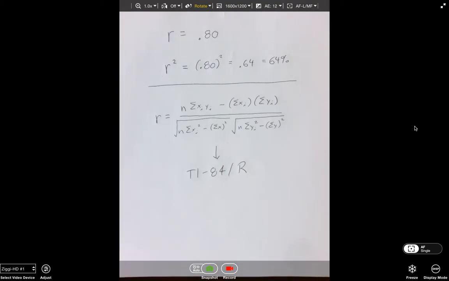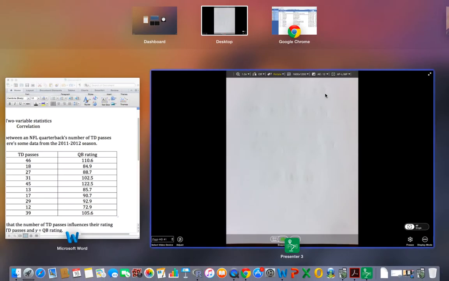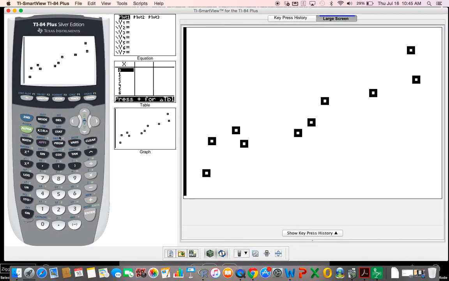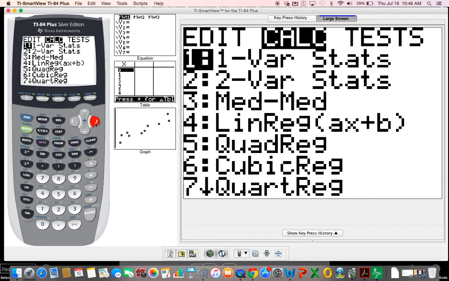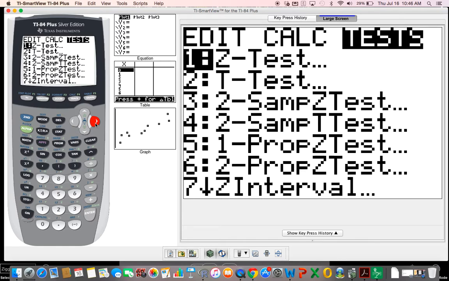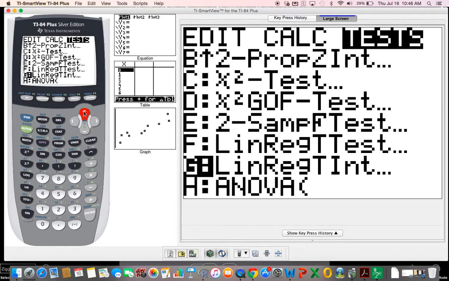Now, what I'm going to do is go to our calculator and show you how we find these values using our calculator. So guys, we've already got our information stored in the calculator. To find R and R squared, you go to Stat, scroll all the way over to Test, and go to what's called LinReg T-Test.